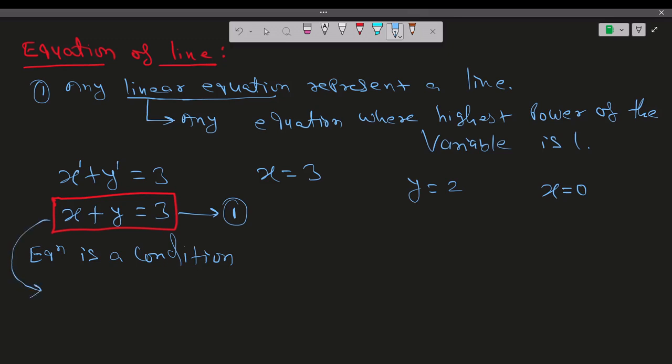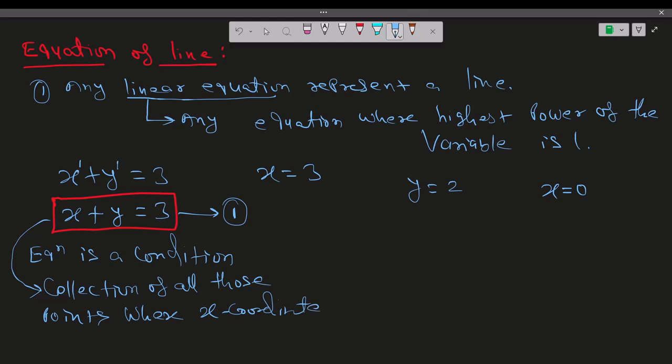Line number 1 is a collection of all those points where x coordinate plus y coordinate equals 3.